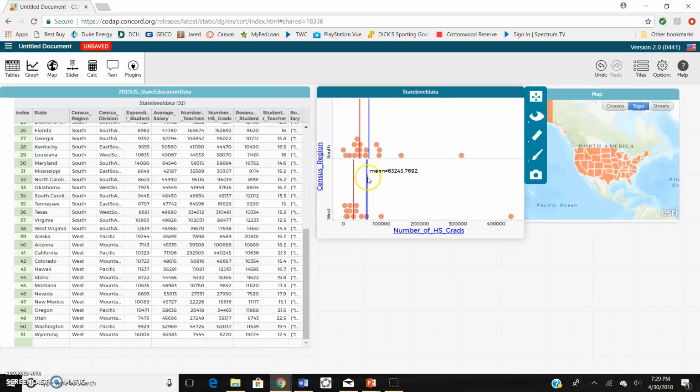These are very close together, but I have slightly more high school graduates on average in the South. But still, that's two pieces of information out of everything I have, so the majority goes to the West region, so I would personally prefer to teach out West.